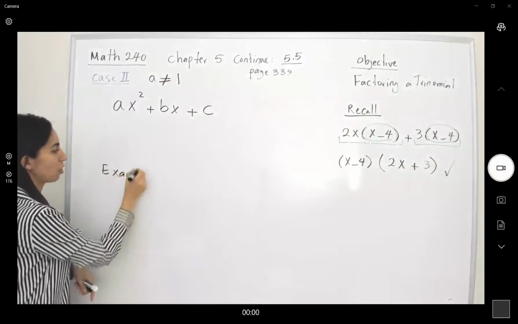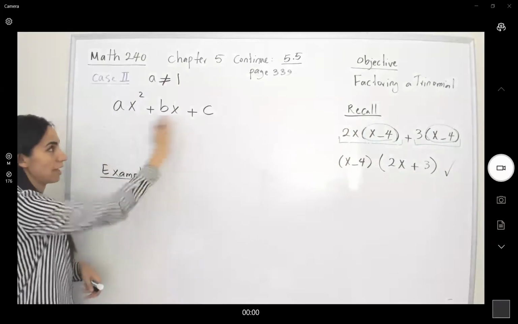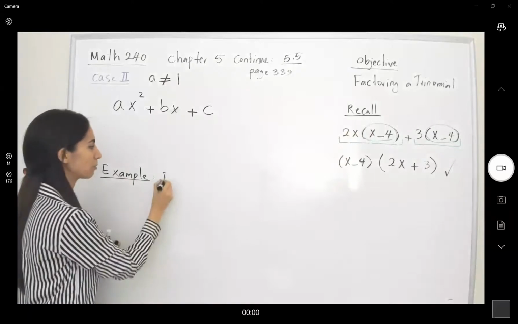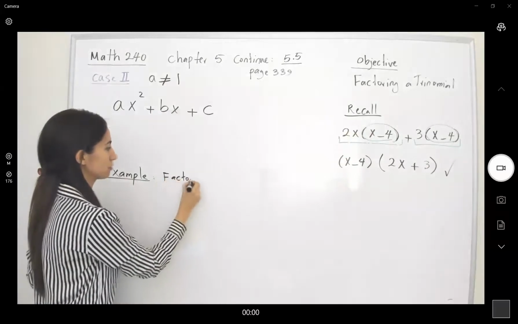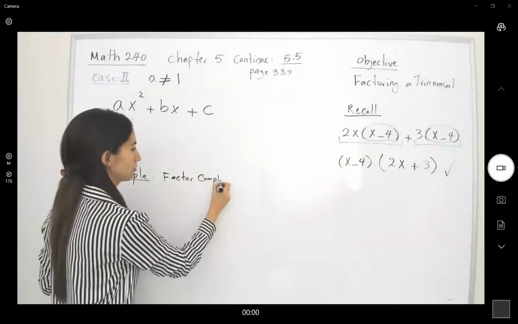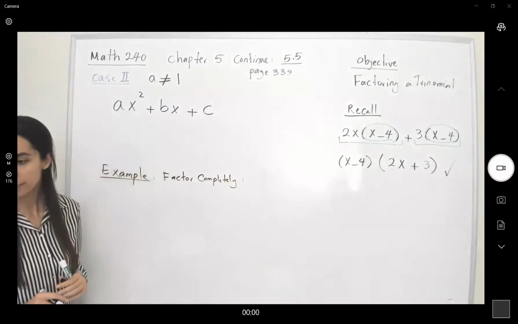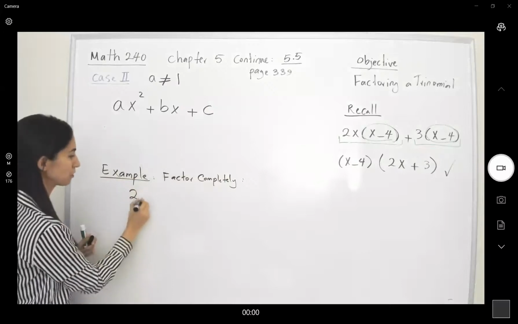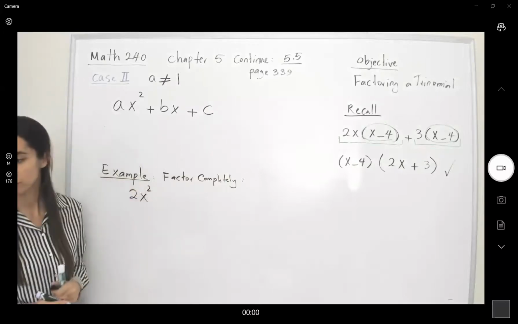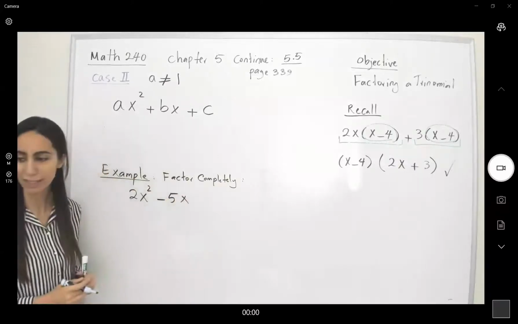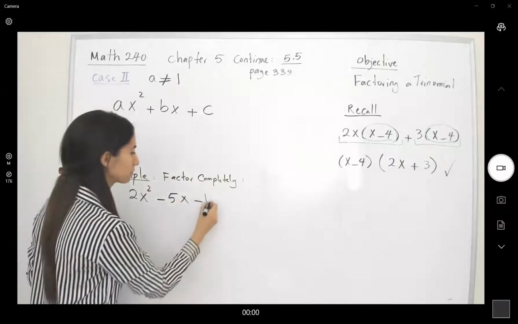I'm going to solve an example for you and write the instruction up here. Factor completely. Very well. In this example, we have 2x squared minus 5x minus 12.